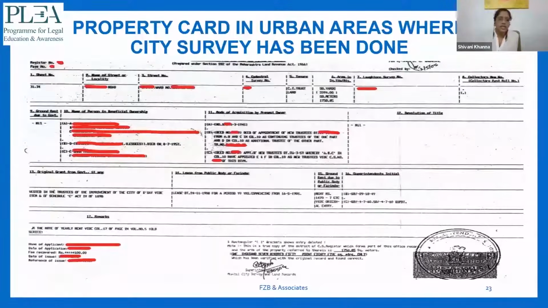In column 13, if there is a grant given by the government, the details of that grant are given. In this particular example, the land had previously vested in the trustees of the improvement of city of Bombay.